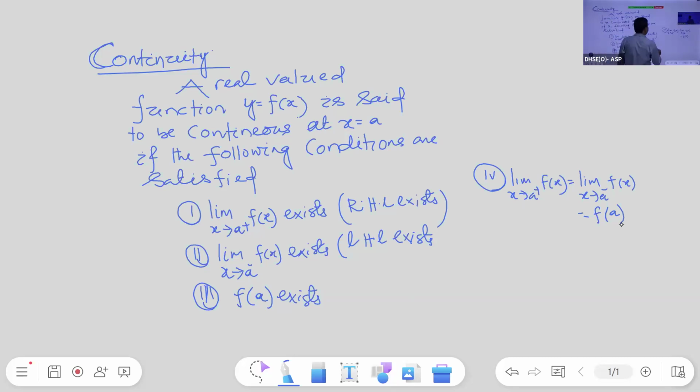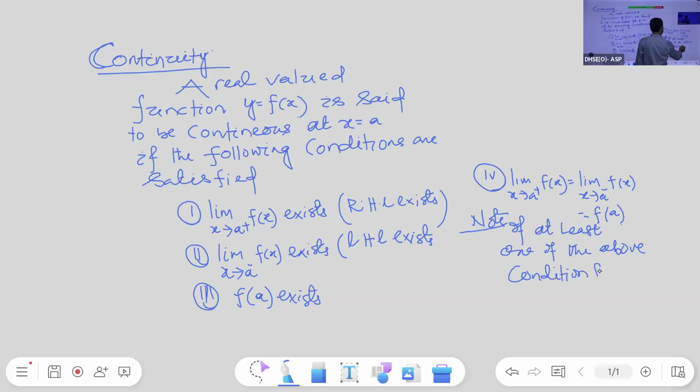If at least one of the above conditions fails, then the function is discontinuous at x is equal to a.